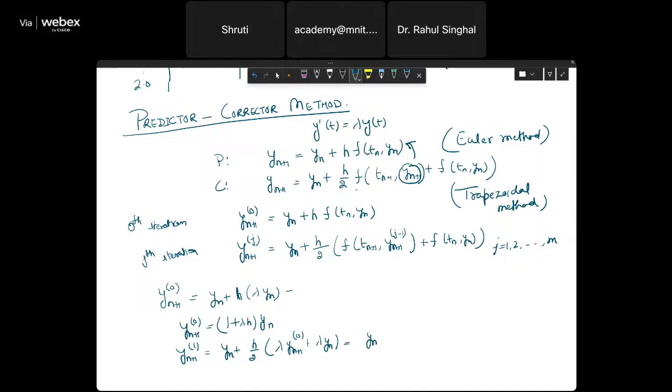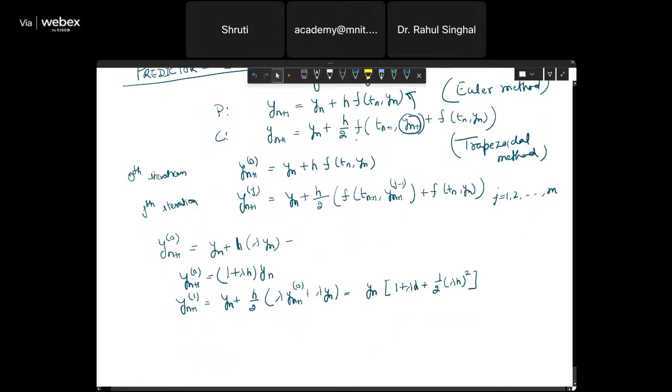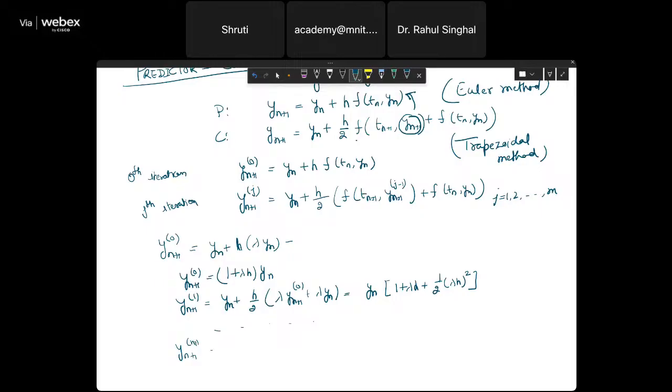Following this, we get yn times 1 plus lambda h plus 1 by 2 lambda h square. This way we can keep continuing, and at the mth iteration we obtain yn multiplied by 1 plus lambda h plus 1 by 2 lambda h whole square, and so on.